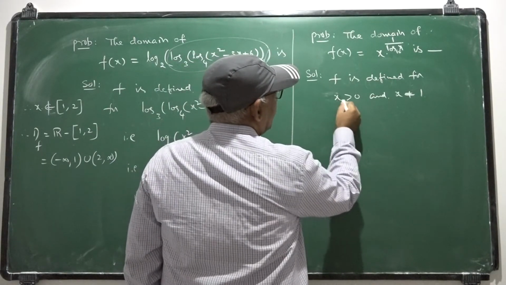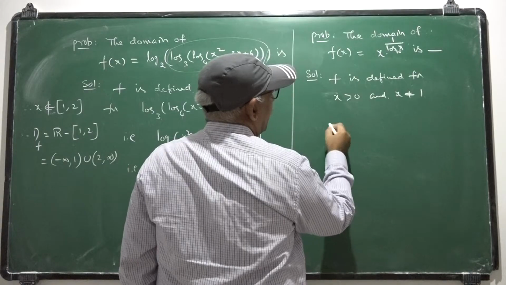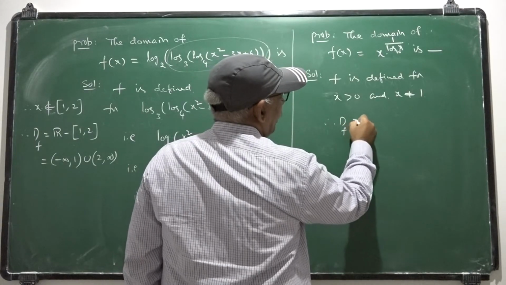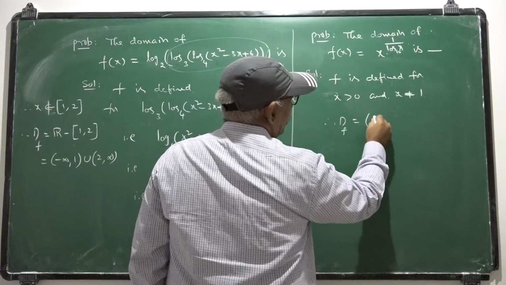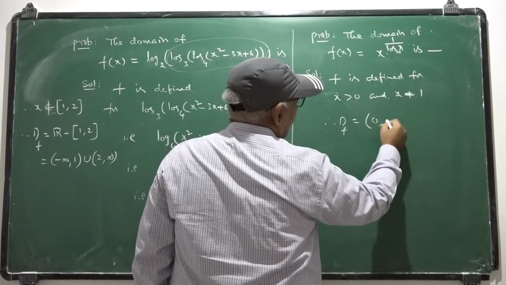So x is positive and does not take the value 1, which means the domain of f is 0 to infinity except 1.